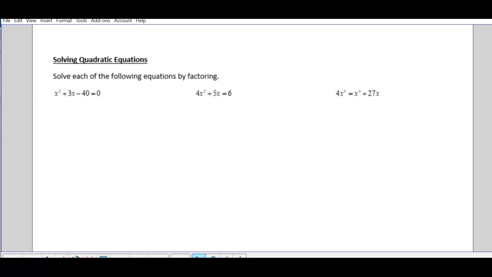Okay, so to solve each of these, the biggest thing is we need, for quadratic, which means degree 2, we need one side to be 0.